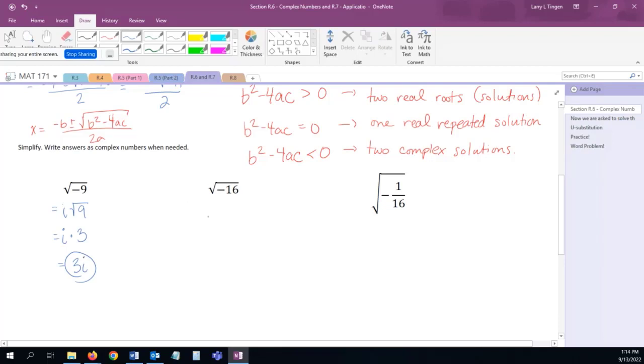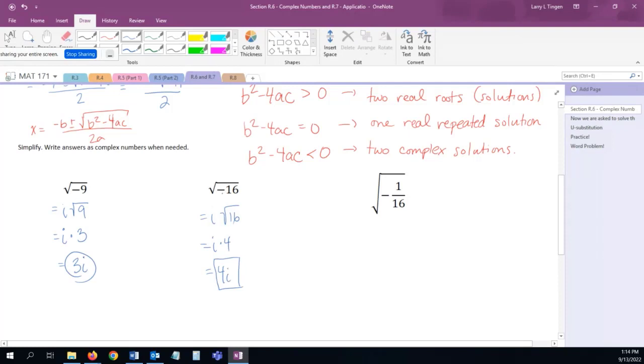Square root of 6, square root of negative 16. Now you're probably already ahead of me here. All right, square root of 16. Because again, what I love to do is try to do the problem in pieces. Pay attention to the new part.